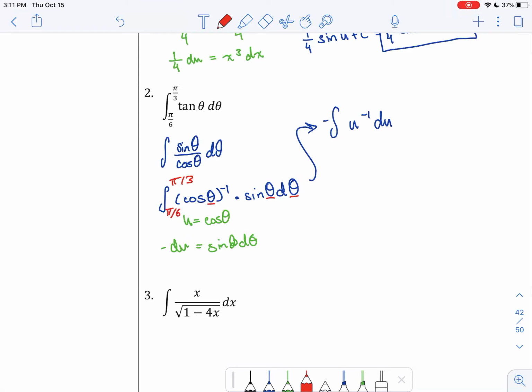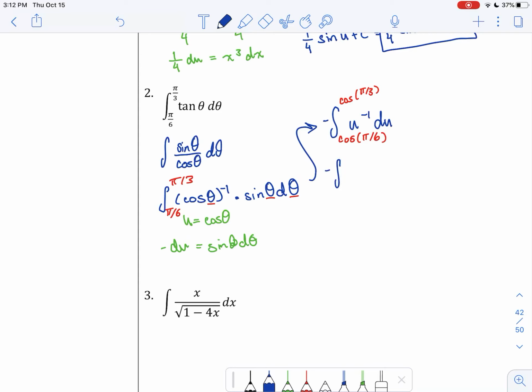However, we are using u as our function. So the new bounds would be cosine of pi over 3 and cosine of pi over 6. We're plugging them into the u function. Right, so here's our u function. We're plugging the bounds in.